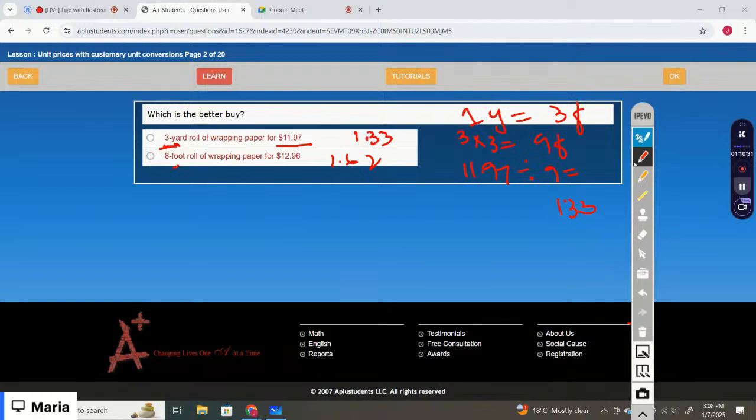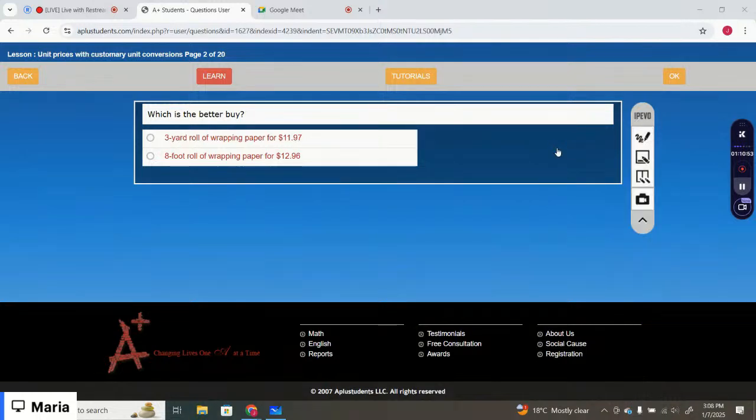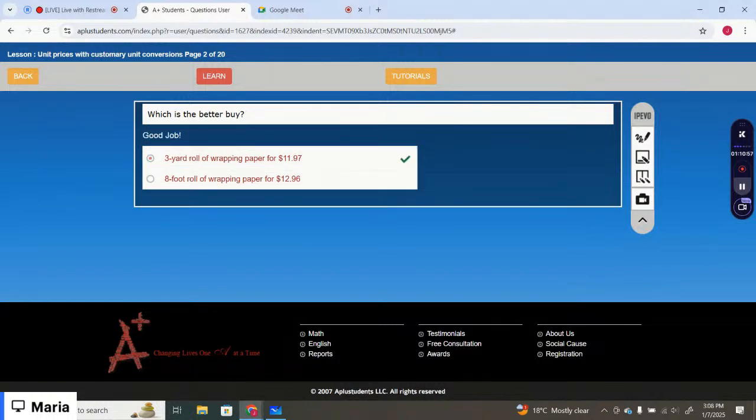So which is the better buy? The one that has the lower price is the better buy. This is 9 feet at 1.33 and this is 8 feet at 1.62. So option number one is the correct option, that is the 3 yard roll of wrapping paper for $11.97.